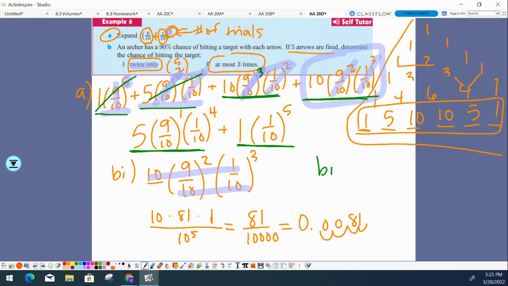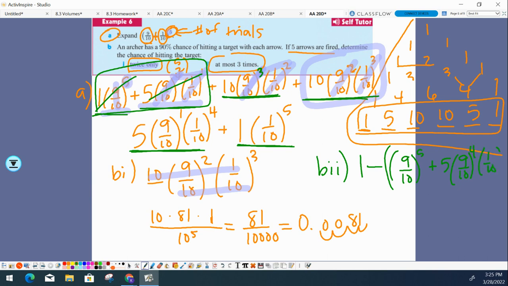So what we're going to do is I'm going to take 1 minus the first 2 because it's easier. So 1 times 9/10 to the fifth is just 9/10 to the fifth. I've got to add the first 2 together. 5 times 9/10 to the fourth times 1. So this is where I hit it 5 times.